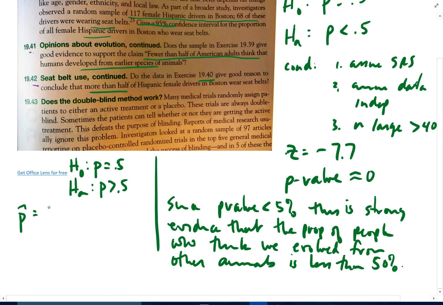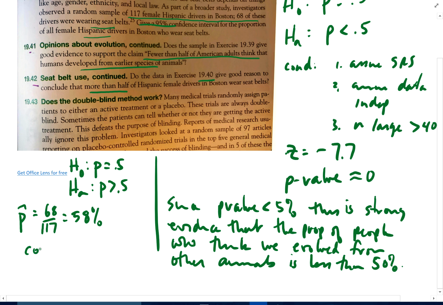I've got 68 of 117, so 68 divided by 117, that's going to be 58% wore seatbelts. Now, did this happen just by chance, or is that really evidence that the true proportion of Hispanics in Boston who wear seatbelts is greater than 50%? That's really what's being asked, right?